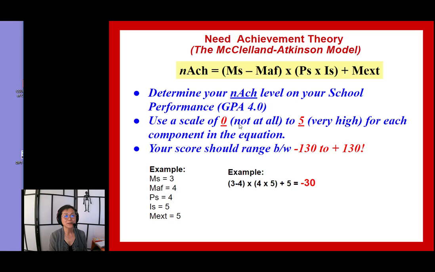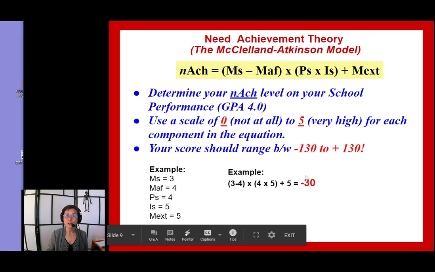And then we will use a scale of 0 to 5. 0 is I don't have that element, one of those components, not at all. 5 means my motives in all those components are very high. Using this scale, you can put your scores under each one of them and calculate it.